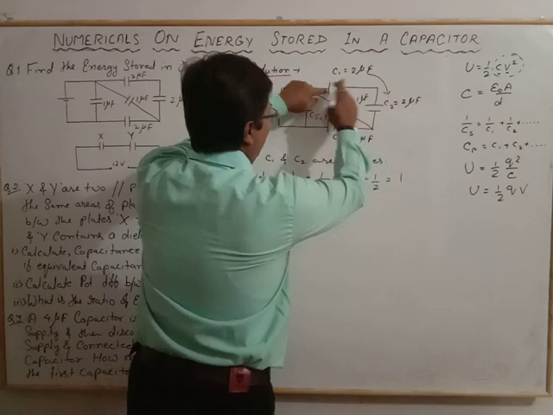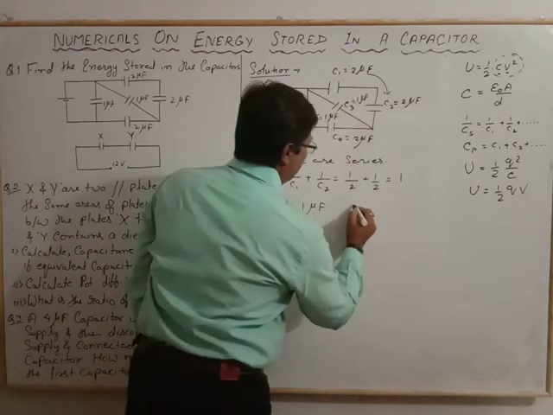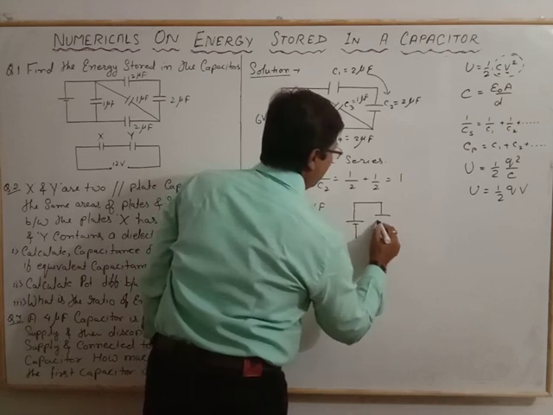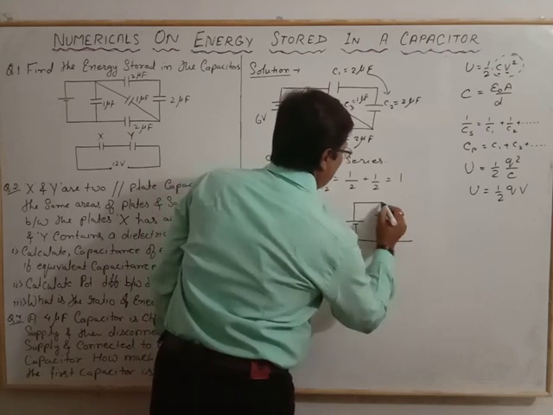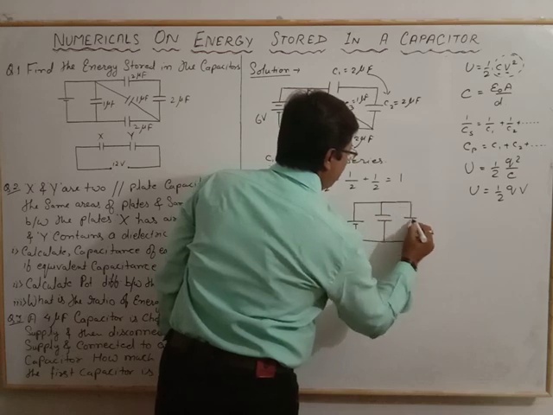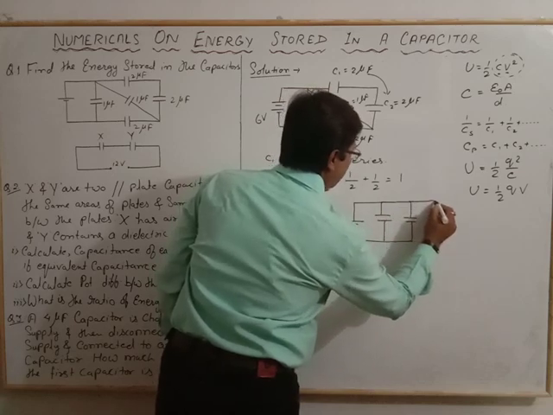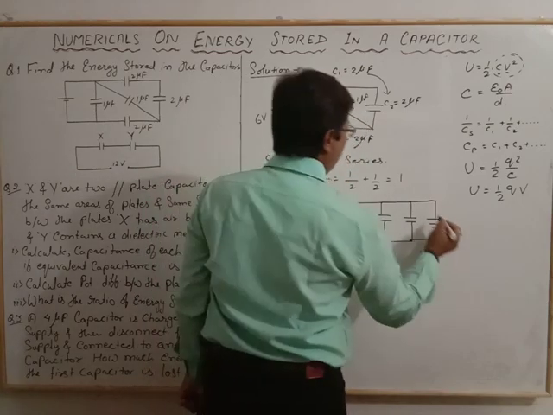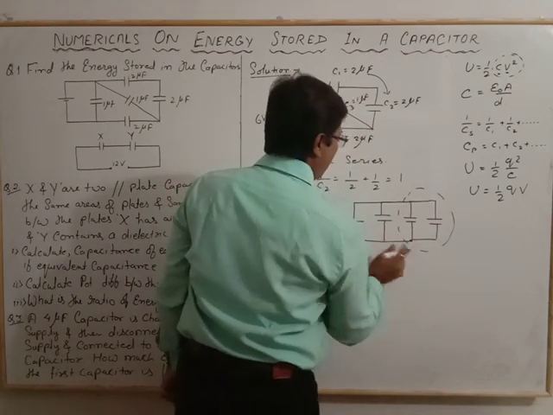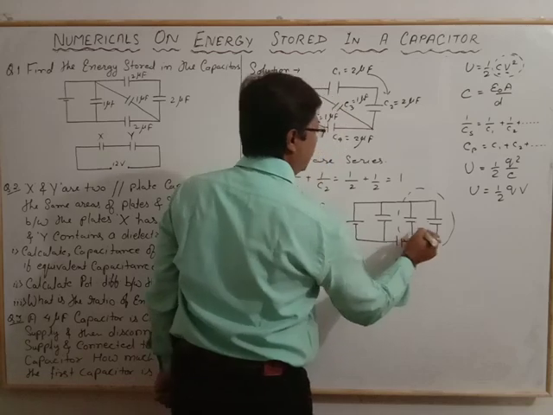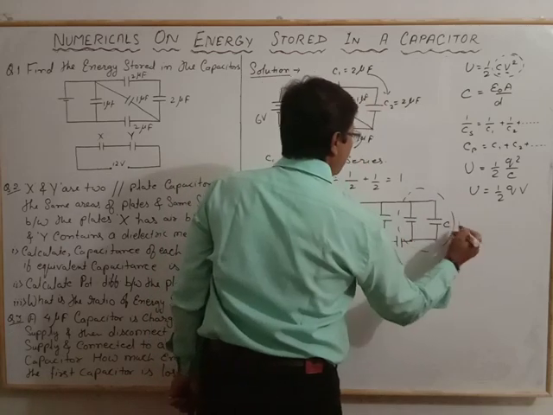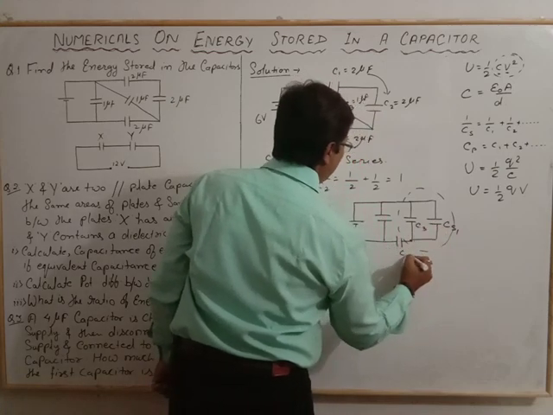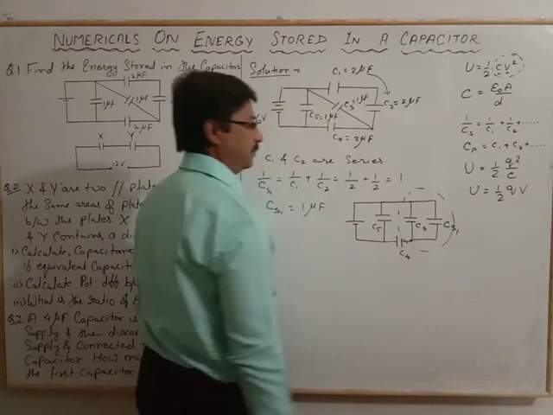Now the arrangement will change. It is like this. Now these two are in parallel. This one is CS1, this is C3, here it is C4, and this one is C5.